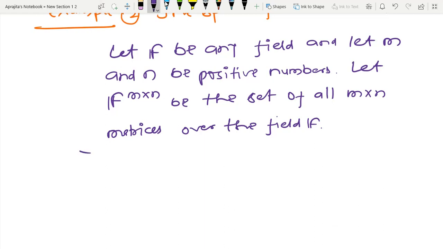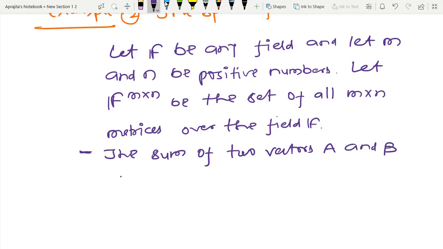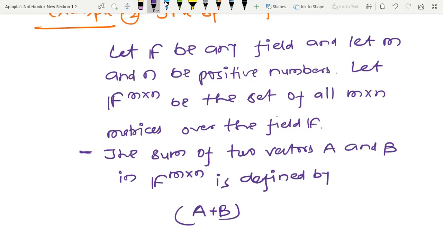So the sum of two vectors, here you can see that the vectors are nothing but matrices A and B in this space, is defined by (A plus B)ij, the ith and jth component, that is aij plus bij.